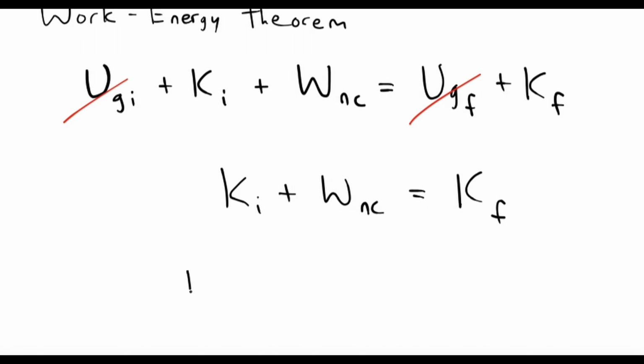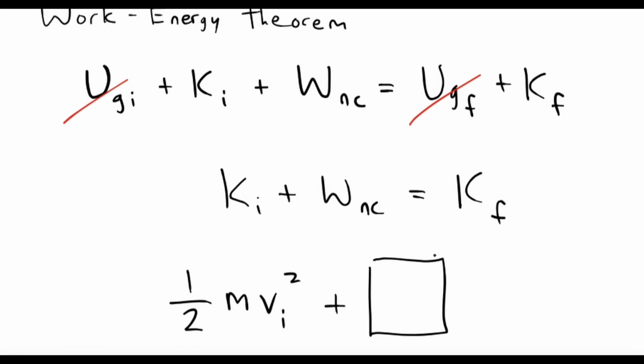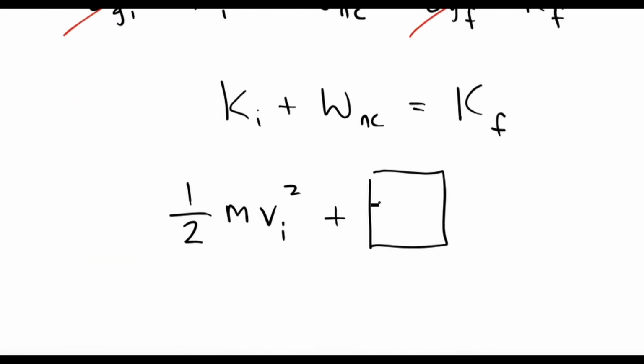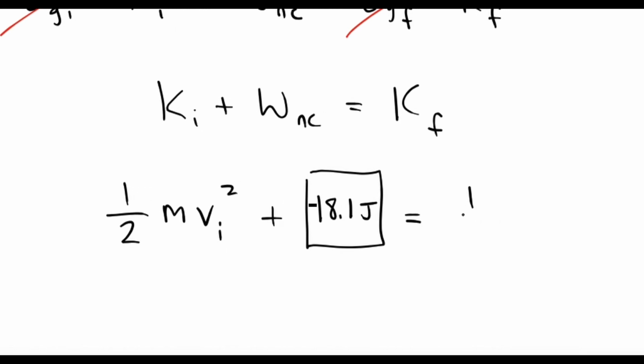So let's figure out how much energy the crate started with in this calculation. Let's put in the loss of 18.1 joules overall here for our WNC term. And then we can do a calculation here, 1/2 m v final squared. Ultimately, we're going to be looking for this v final.